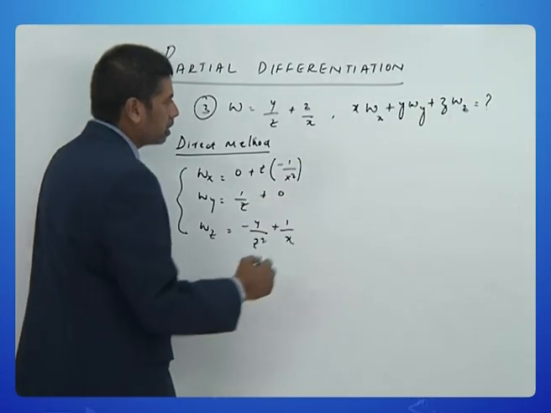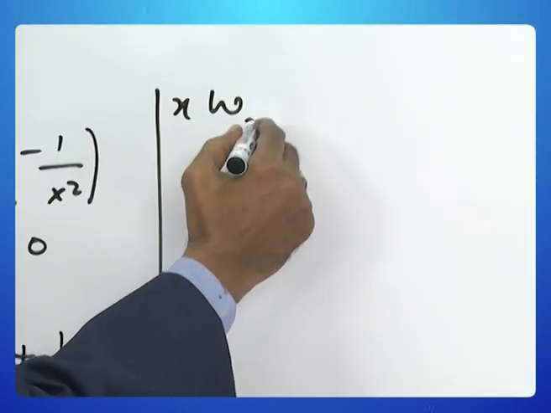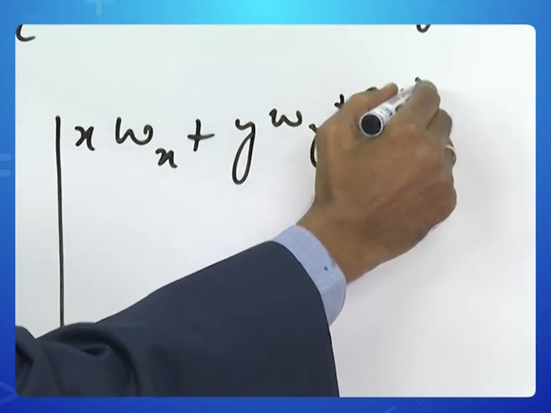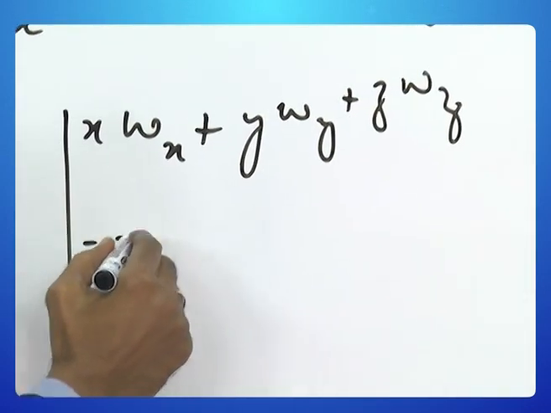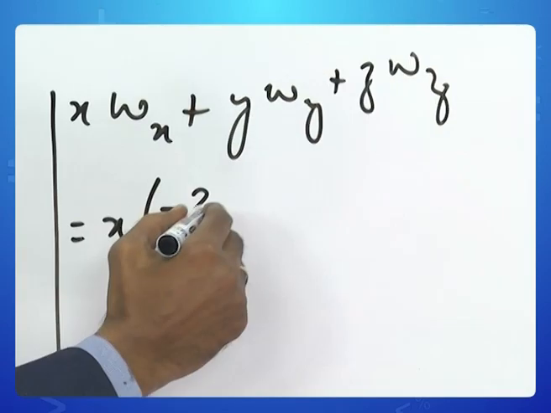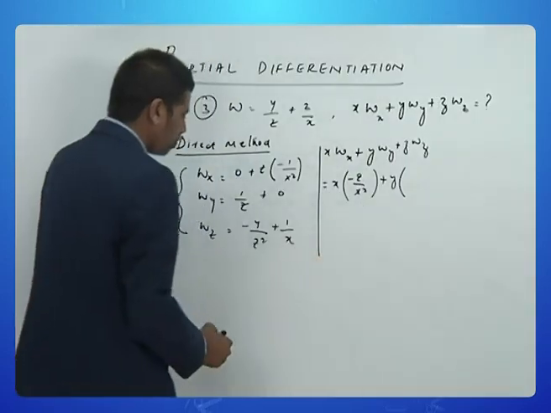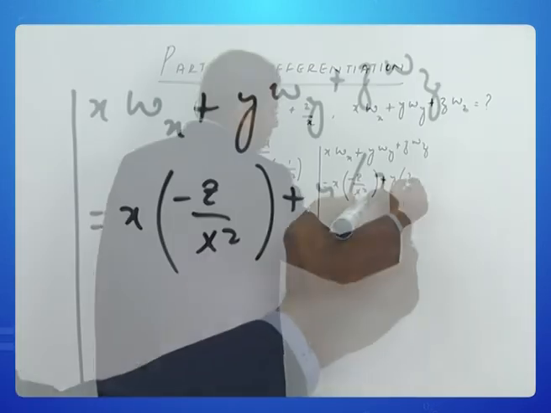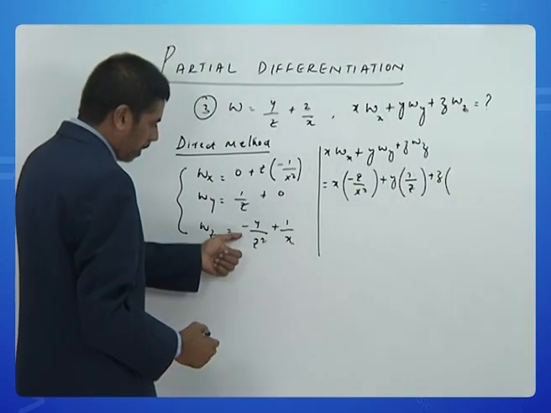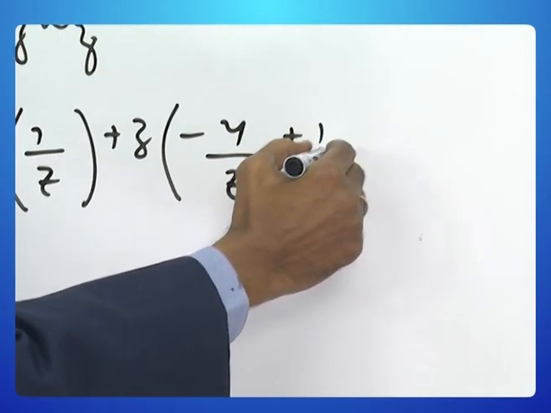Now let's find out xwx plus ywy plus zwz. So this is x into minus z by x squared, plus y into 1 by z, plus z into minus y by z squared plus 1 by x.